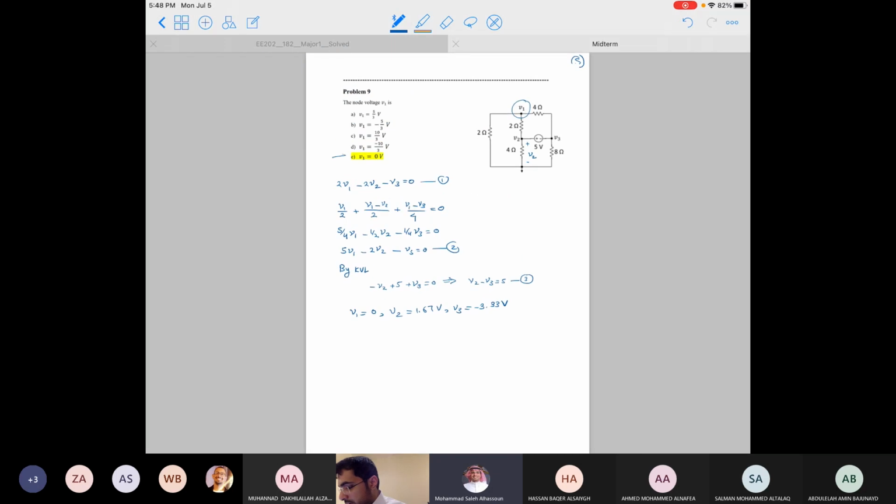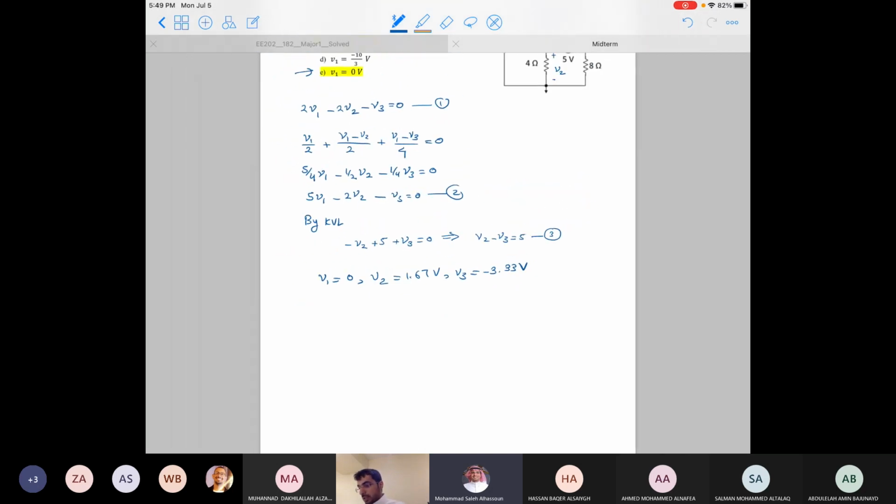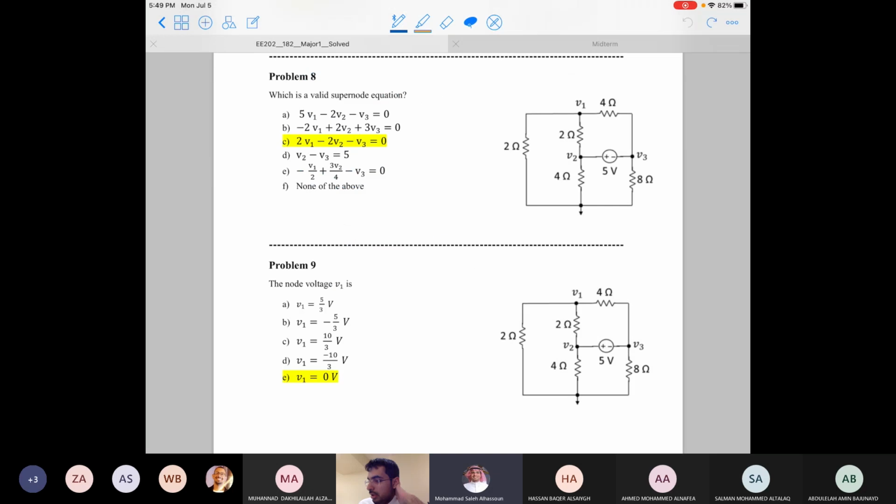So V1 again here is 0. Nothing is complicated here. We need to apply the node voltage method, but with the supernode.